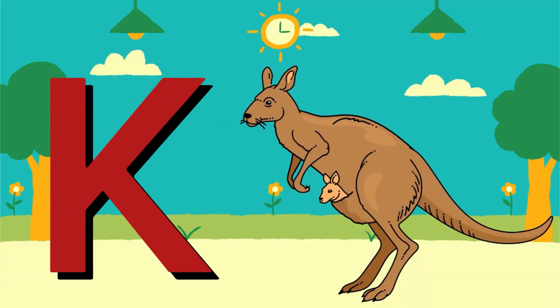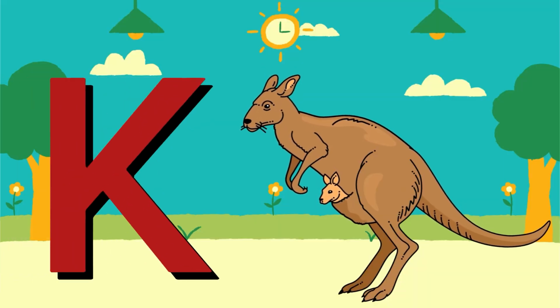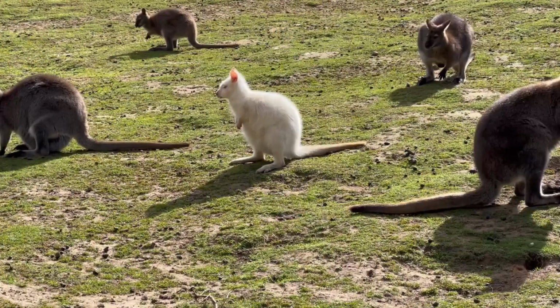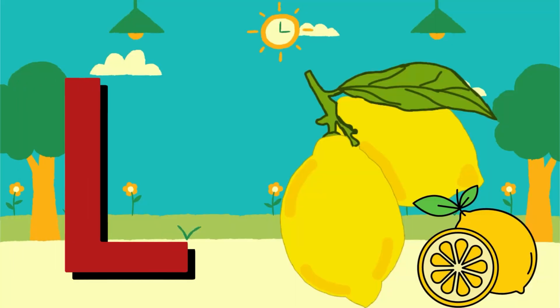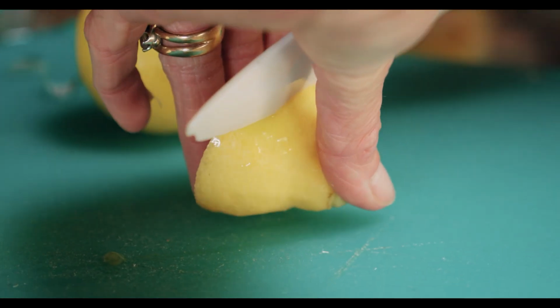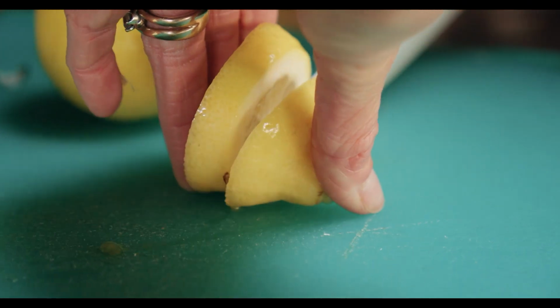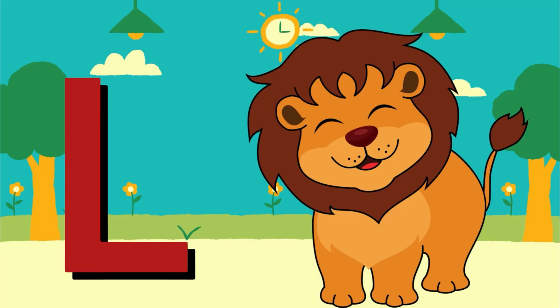K for kangaroo. L for lemon. L for lion.